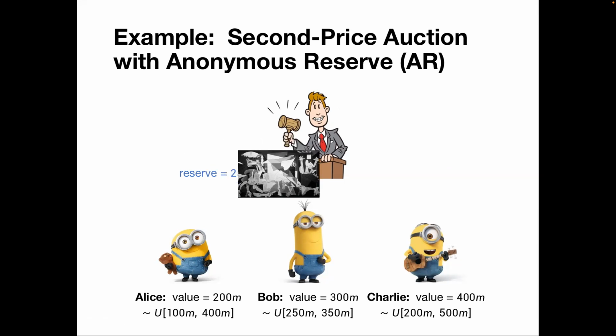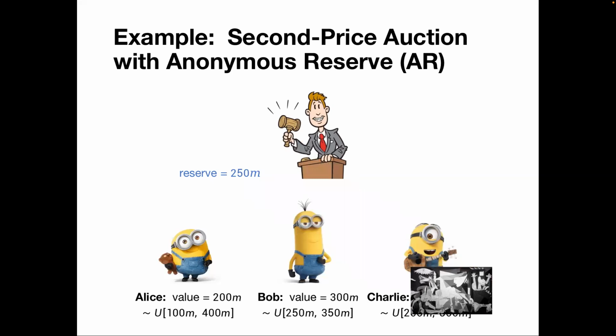Then let's see how the anonymous reserve mechanism works. First, you see Charlie as the highest bidder will get the item, and his payment is the maximum between the value of Bob and the reserve price. Why? Because the auctioneer first uses the reserve price to filter the low value bidders.